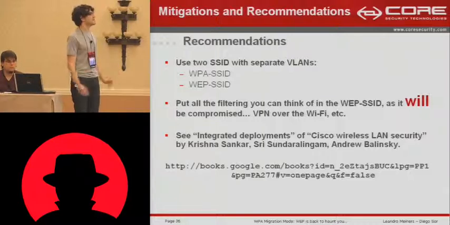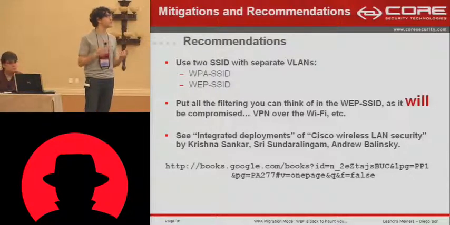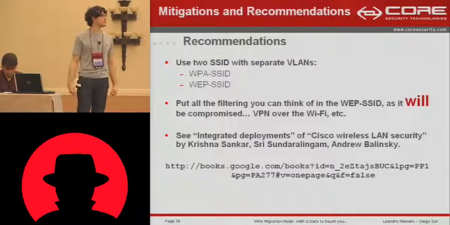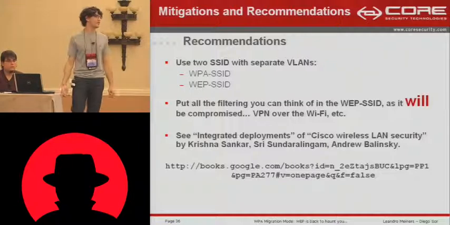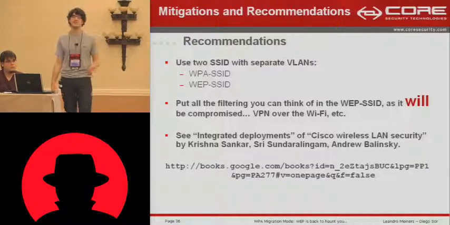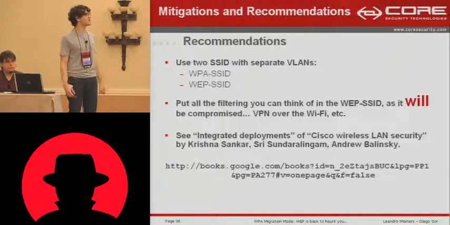This is much more secure than the first option, which is one SSID using both encryptions. If you can use VPN over the WEP part of your network, that is an interesting solution, but it depends on the devices or endpoints or computers you are using in the WEP part of your network.